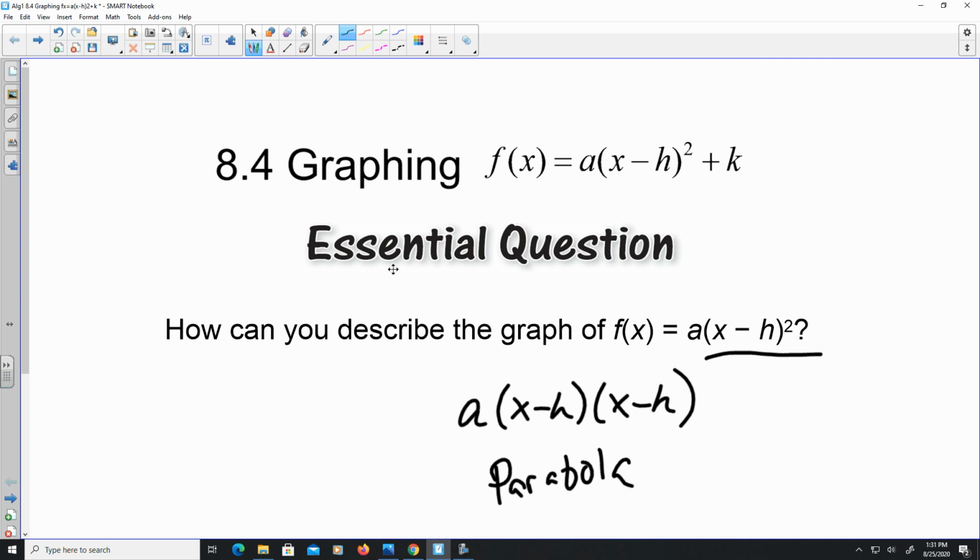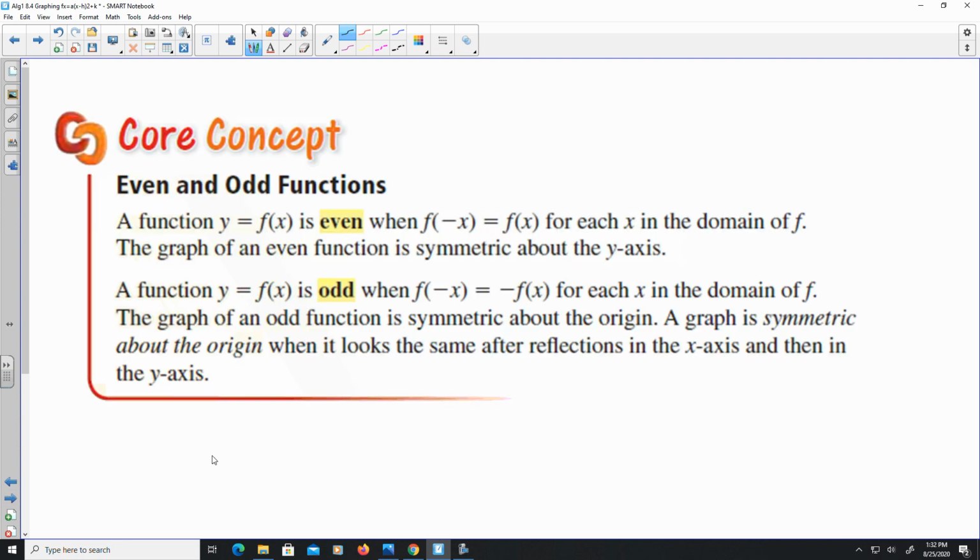Because it's a parabola, it's still going to be a right side up U-shape if a is positive, and an upside down U-shape when a is negative. But when it's in this format, h and k are going to be the locations of our vertex.